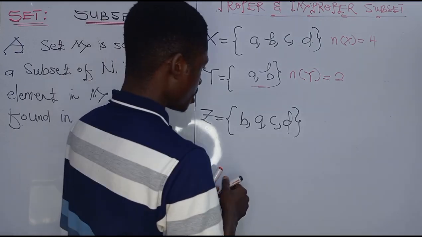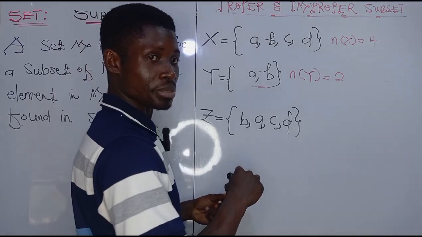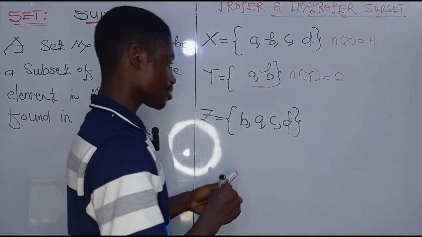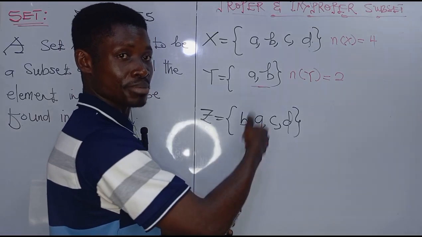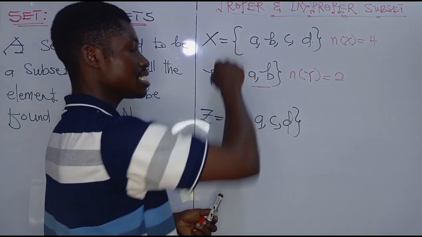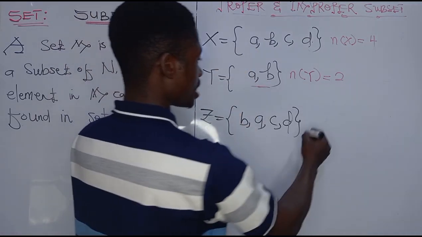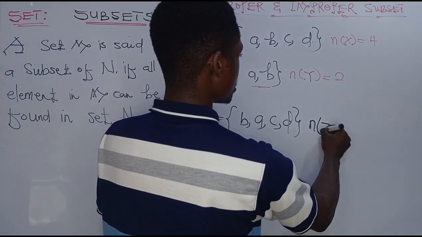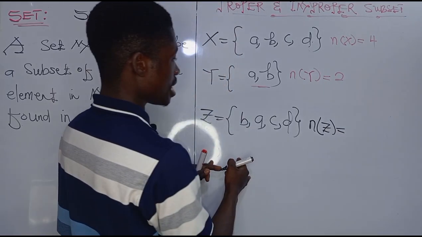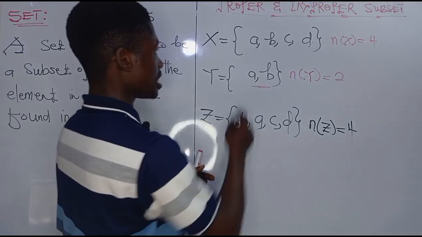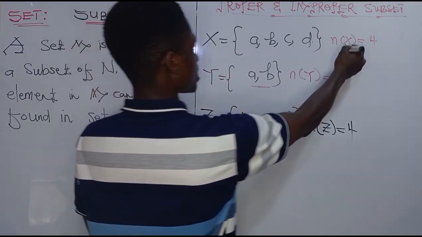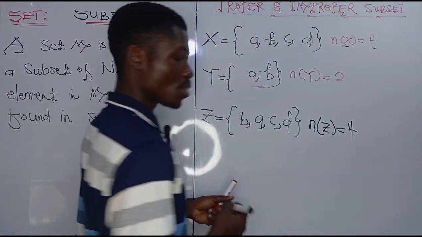Good. Now, with improper subset, we said that the number of elements in the subset must be equal to the number of elements in the superset. So the number of elements in Z, we have 1, 2, 3, 4. So we have 4 elements. And then the number of elements in set X, we have 4 elements.